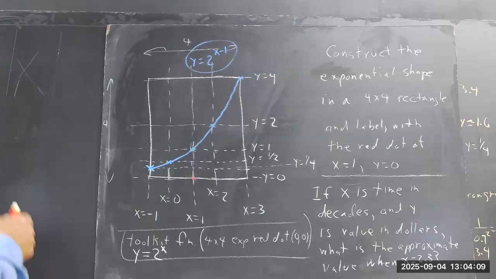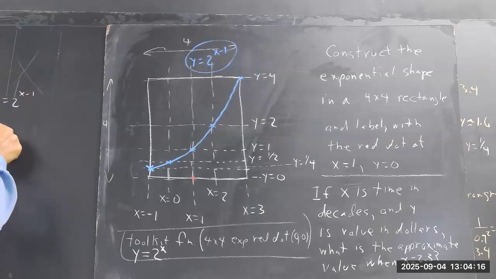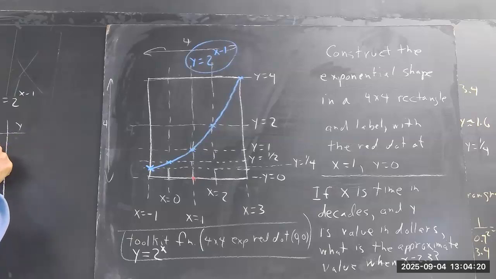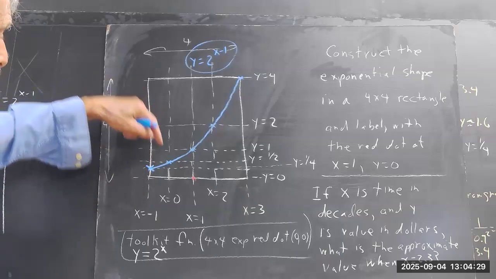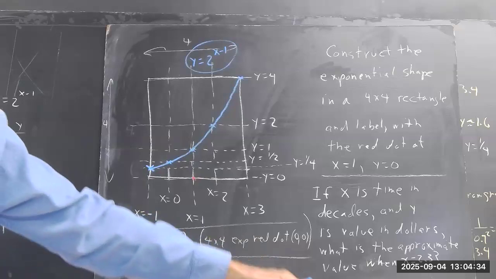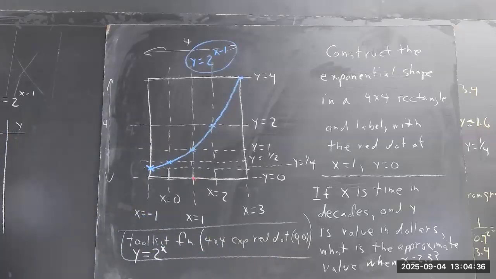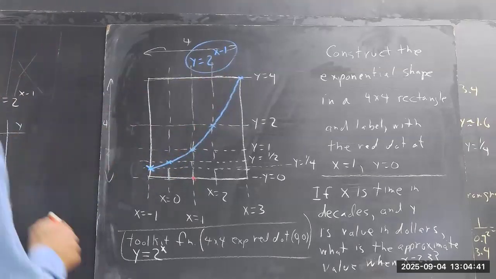But if I make a table, the x coordinates of these points are -1, 0, 1, 2, 3. You can see that right along the bottom. The y coordinates are 1/4, 1/2, 1, 2, and 4.